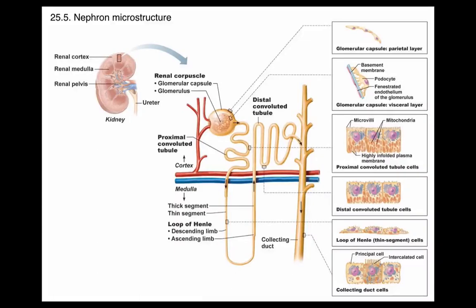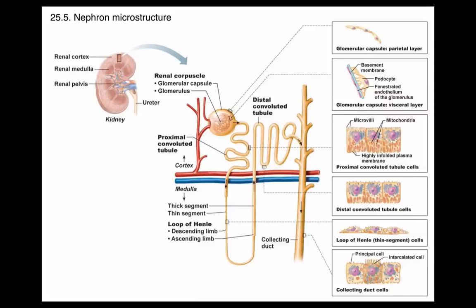Now, the renal corpuscle itself has a couple of parts. First, there's this little tuft of capillaries that's called the glomerulus. Now, this is formed of fenestrated endothelium, so they're very porous, so they allow for efficient formation of filtrate. What you probably remember from the different kinds of capillaries is that fenestrated capillaries are the ones that have small pores that allow substances, solutes in particular, that are a lot smaller than a cell to be able to get filtered.